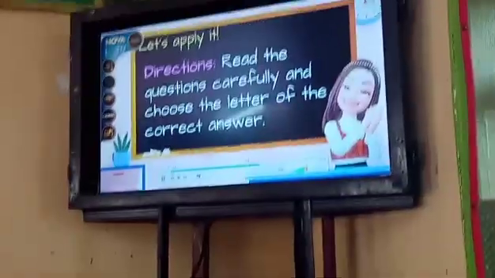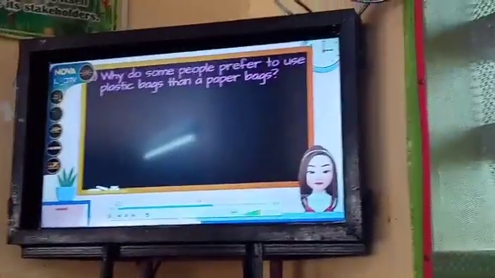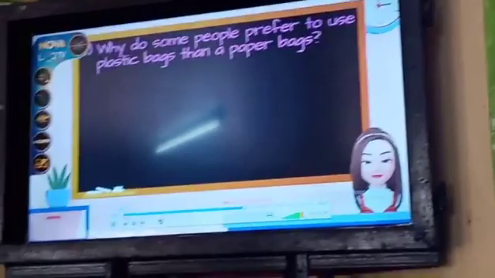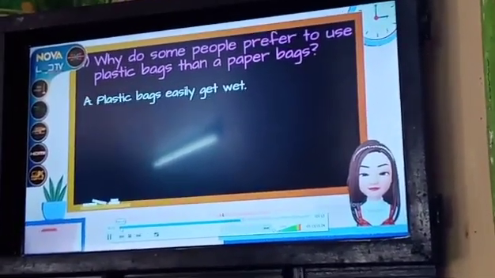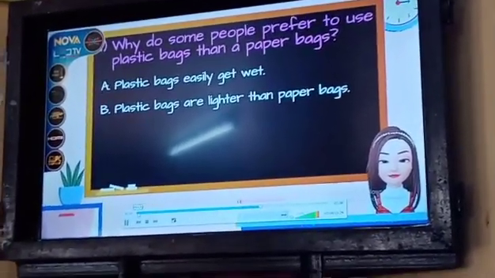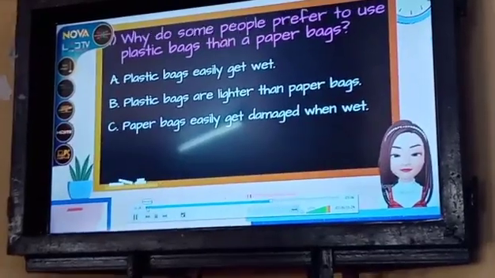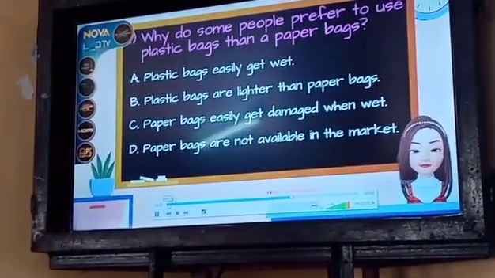Direction. Read the questions carefully and choose the letter of the correct answer. 1. Why do some people prefer to use plastic bags than a paper bag? A. Plastic bags easily get wet. B. Plastic bags are lighter than the paper bags. C. Paper bags easily get damaged when wet.